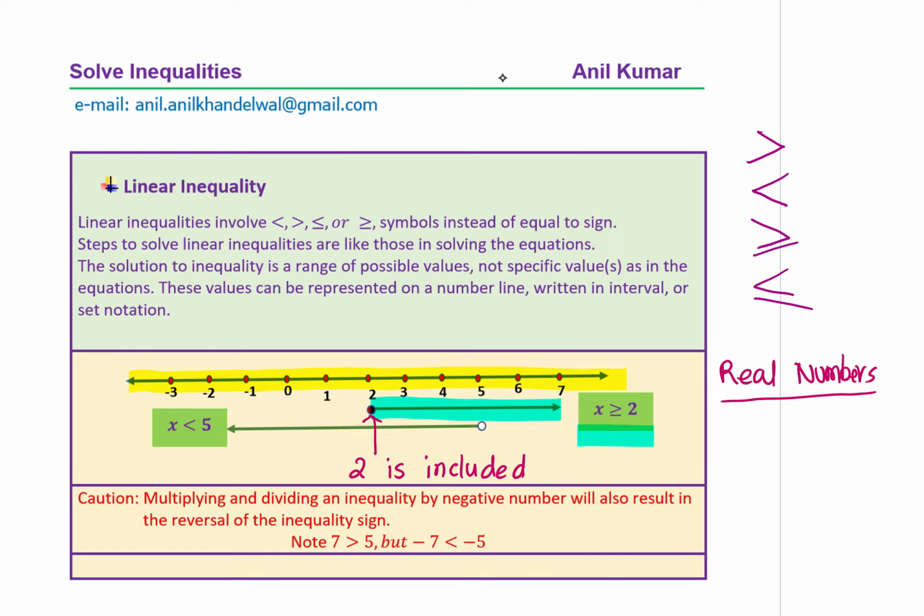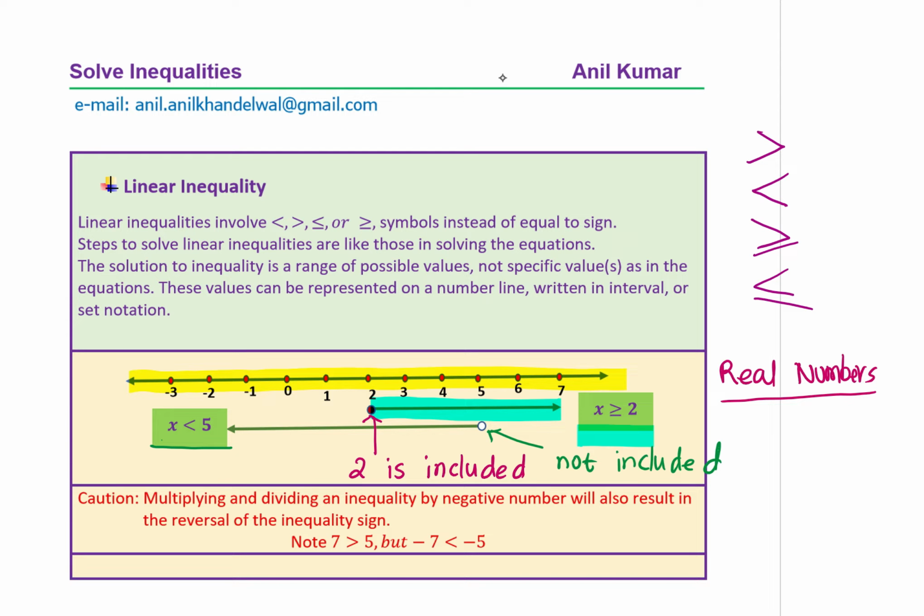Now let's look at the inequality x is less than 5. When I say less than 5, the equal to sign is missing. So do you notice this hollow, not filled-in circle? That means not included. Perfect.